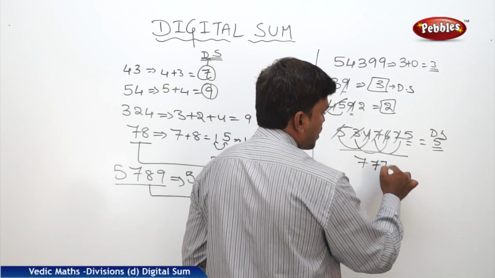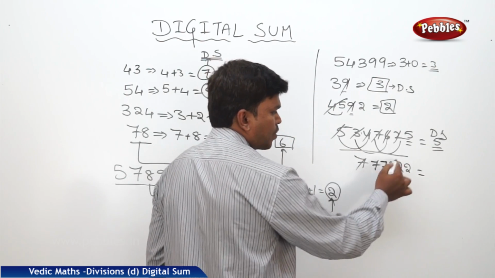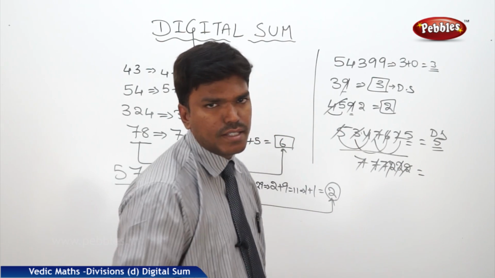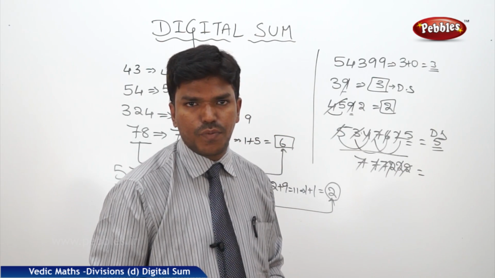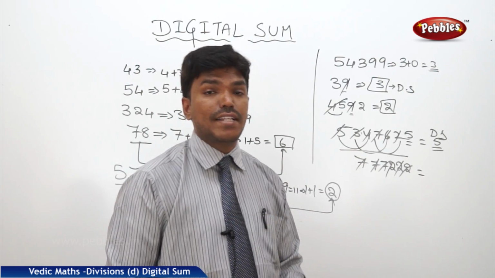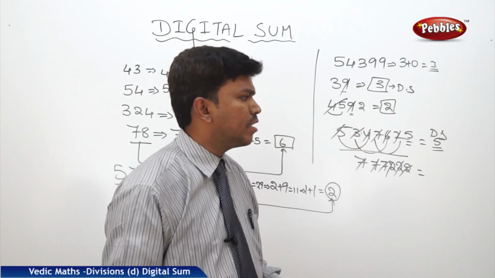Suppose 777222. What is the digital sum? 7, 2, ignore. 7, 2, ignore. 7, 2, ignore. So finally the digital sum is 0. But it is wrong. You cannot have a digital sum as 0. Think practically.